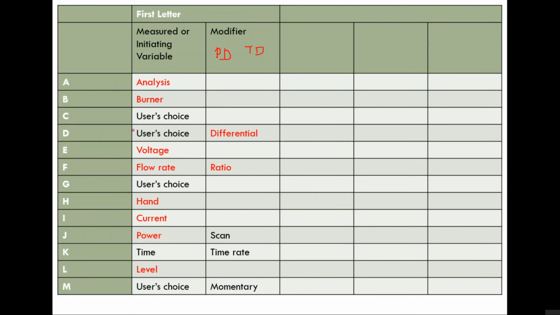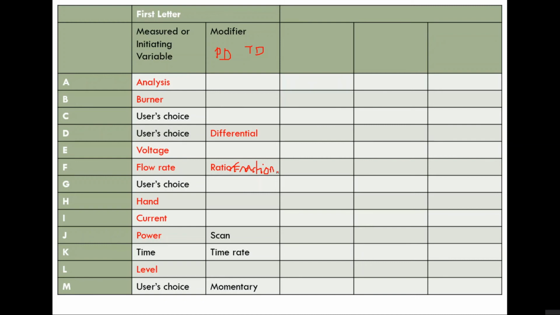So D means differential. Then what about ratio? Ratio or fraction. F is used to represent ratio or fraction. So if you have a pressure ratio controller, then you have to use PRC. So if R is used along with some first letter, it means ratio.